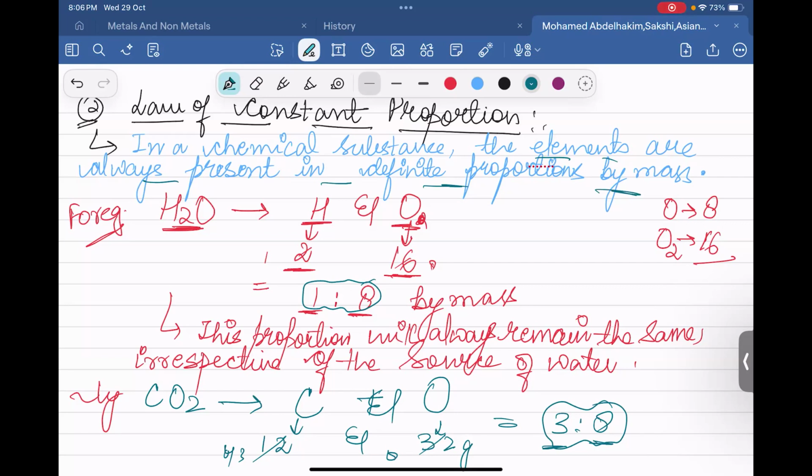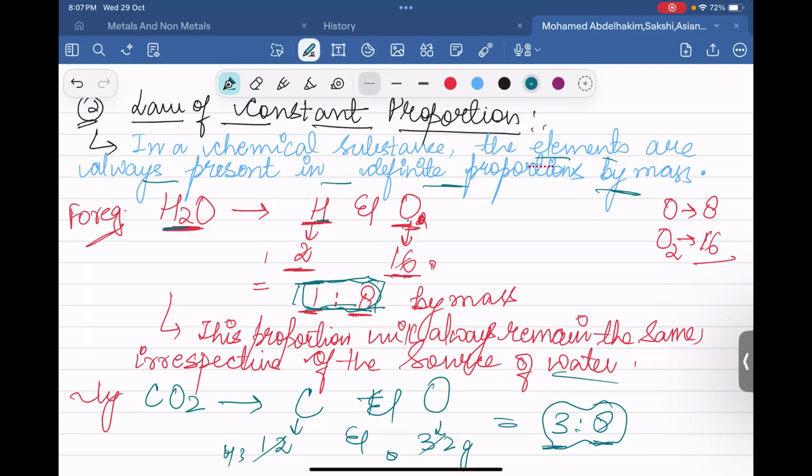So water is made up of hydrogen and oxygen, with atomic masses of 2 and 16. But it is the 1 is to 8 ratio, not 2 is to 16, that always remains the same in any condition, irrespective of the source of water.